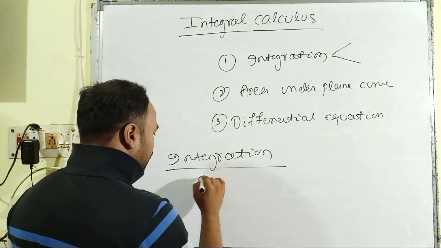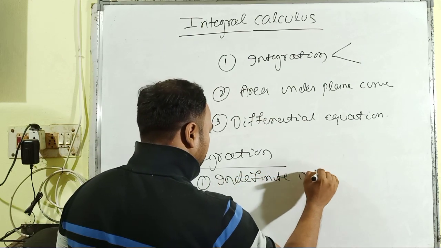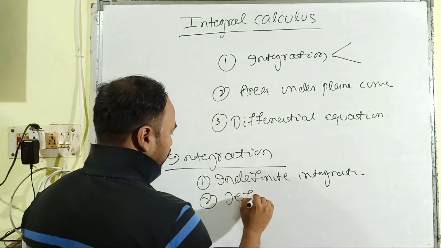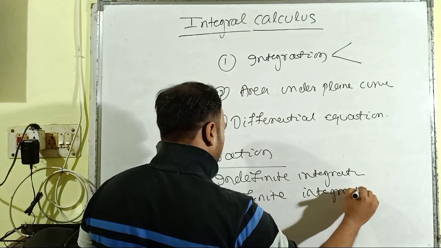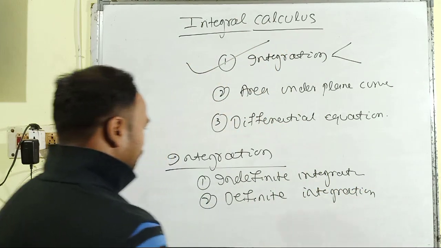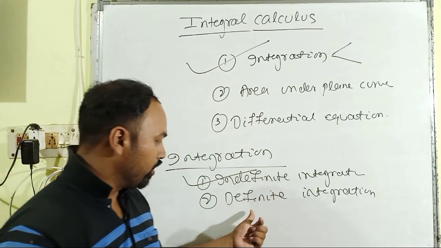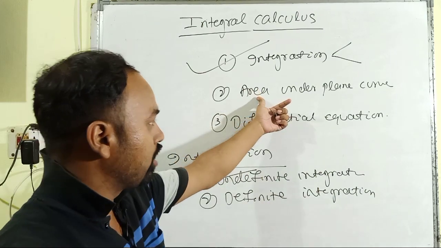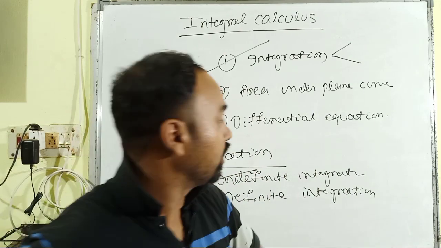The first one is indefinite integration, and the second one is definite integration. First of all, we are going to start indefinite integration. After its completion, we are going to start definite integration, then area under plane curve, and then differential equation, and we can conclude the topic of integration.